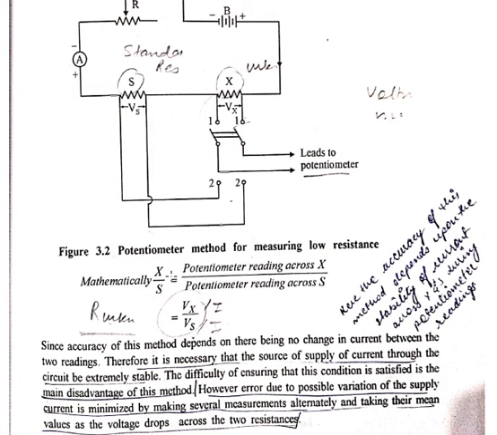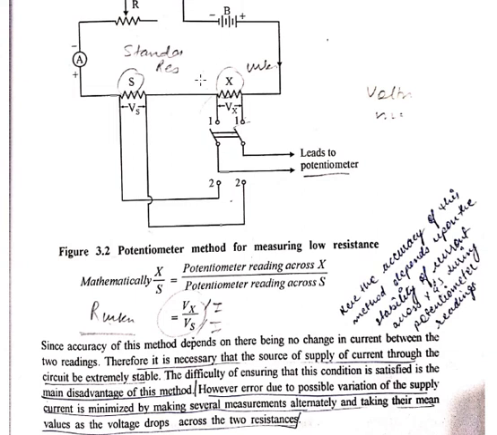So we'll find our X from this equation: X by S equals the potentiometer reading of X divided by the potentiometer reading of S. If there is a resistance here, it will equal V by I, or the same below, Vs by I. So the I will get cancelled out, because by adjusting, we have made the current constant in both cases.